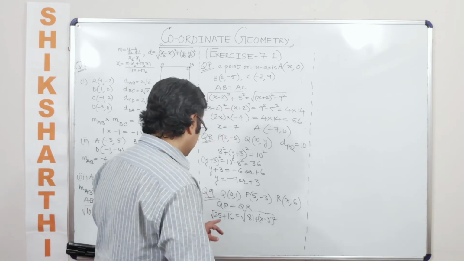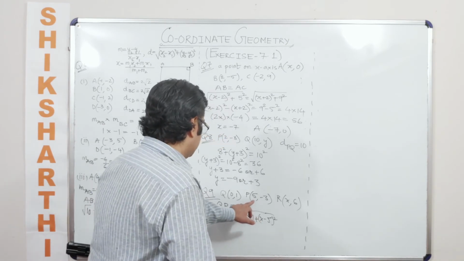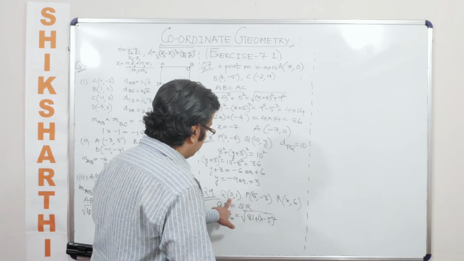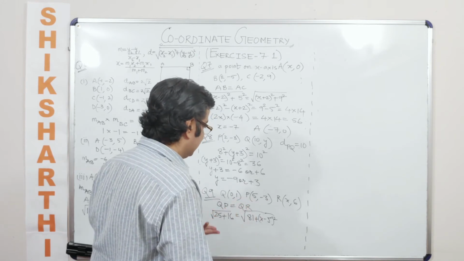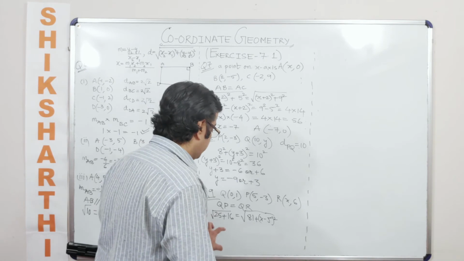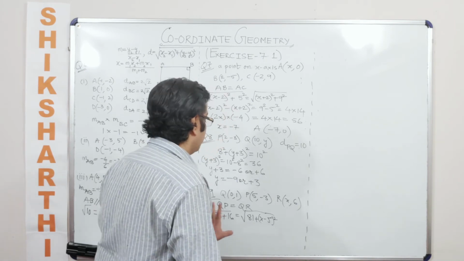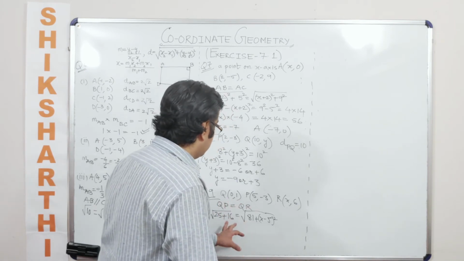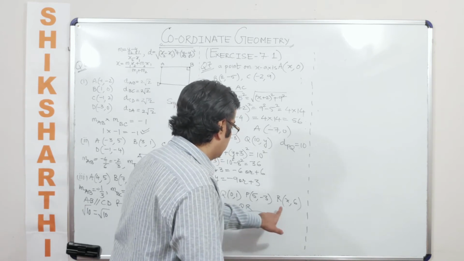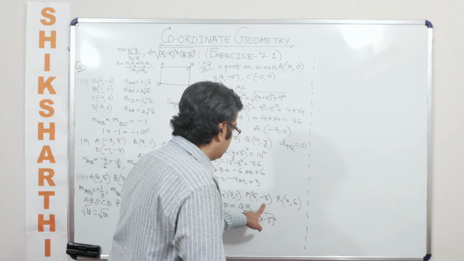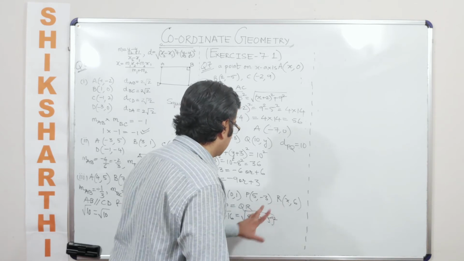Have I done it correctly? Let me check it once again. We are saying 5 minus 0, which is 5 square, is 25, minus 3 minus 1 is minus 4 whole square is 16. So root 41 is what we are getting from here. When I square both sides, we'll check that, but even before that, let me check these values. 6 minus 1 minus 3 is 9 whole square is 81, and this is 6 minus 5.